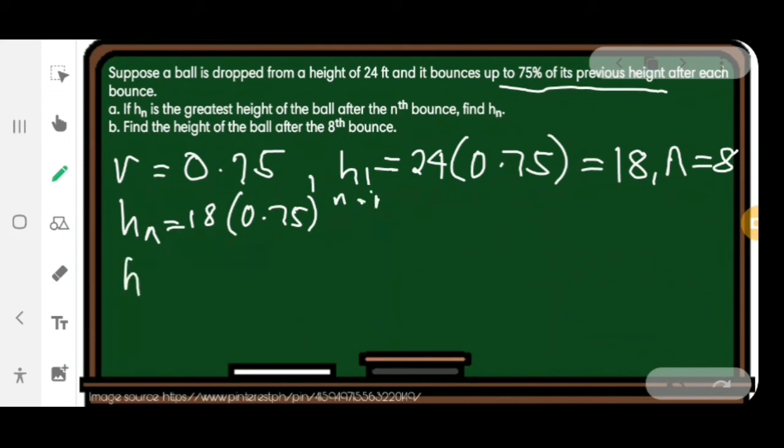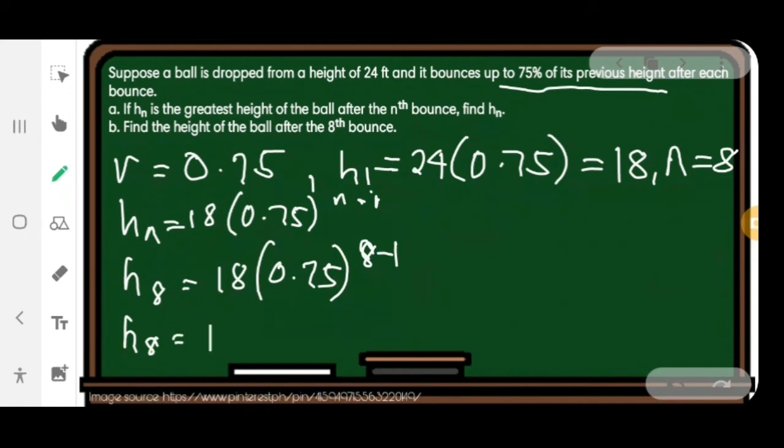So we have h sub 8, I'm sorry, h sub 8. So 8 minus 1, so h sub 8 is equal to 18 times 0.75 raised to 7.